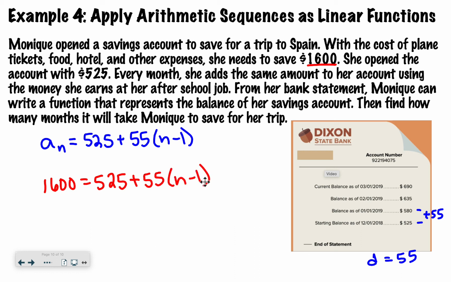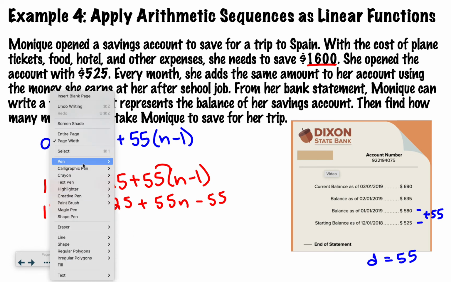So anytime you're trying to find what term number it is, or how long something takes, this is where you will set one of your numbers equal to the equation. And then if we look at that, I would say 1,600 equals 525, and I'm going to distribute that 55, so that becomes 55n minus 55.